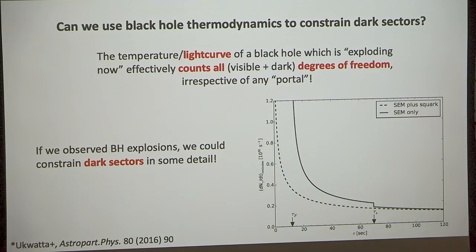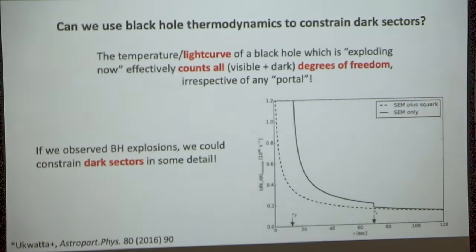To form an accretion disk, you need to tell particles around you that you exist, but these black holes are so small that essentially you don't tell anyone that you exist. And so you never form an accretion disk for these tiny black holes.